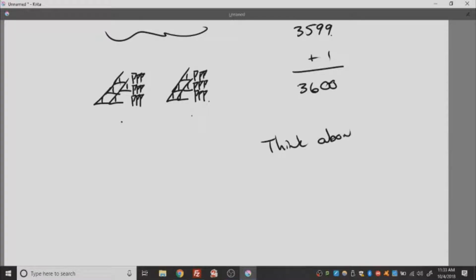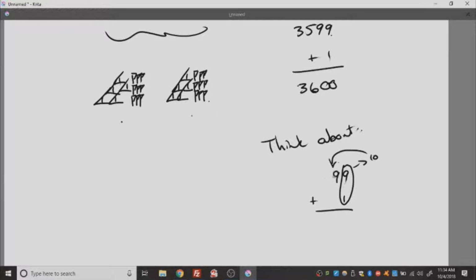Think about our decimal numbers. If I have 99 and I add 1, 9 is the largest digit. It's the largest digit, and if I add 1, that place is full. What happens when I add? These together make 10, which then goes to the tens column.